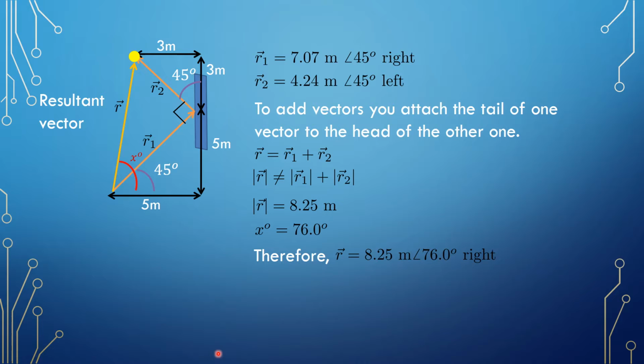Now for this example, it's quite easy to add the two vectors together using this geometric approach. But let's say the angle between r1 and r2 is not a right angle. If that's the case, it becomes a bit more complicated, because then you have to use some special cosine or sine rules, and it just becomes a bit tedious.